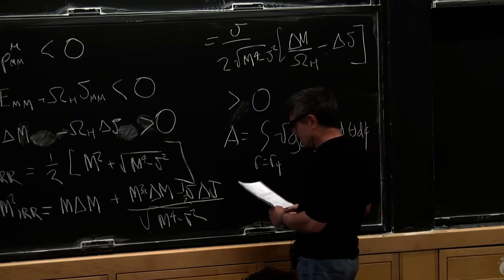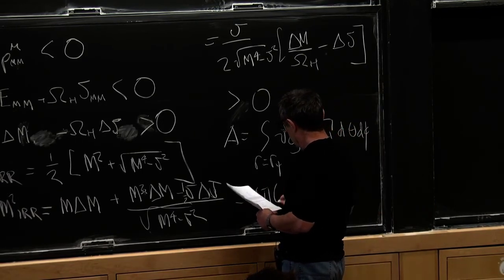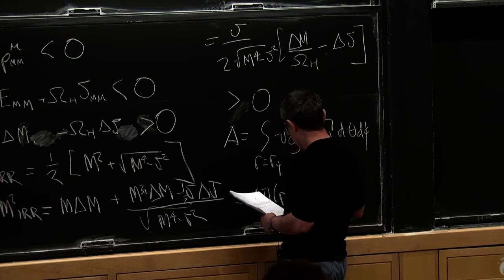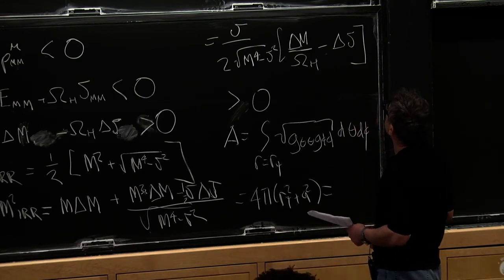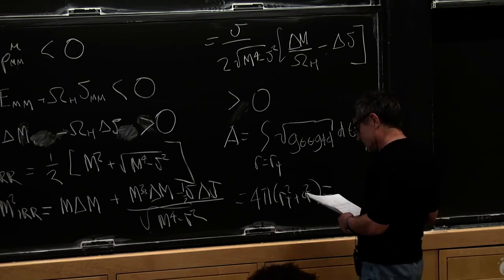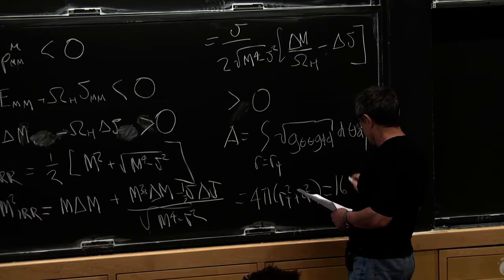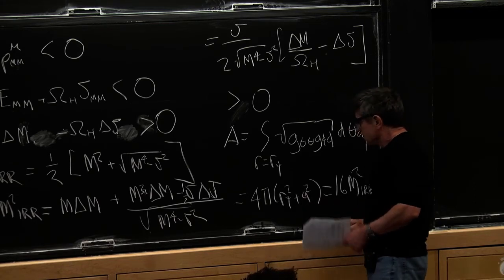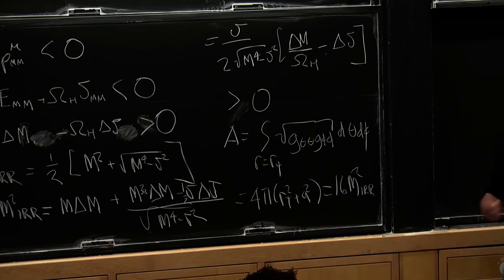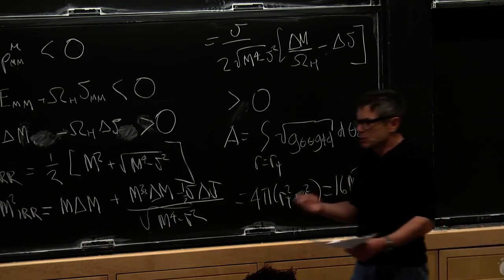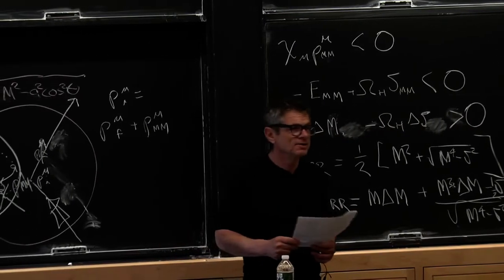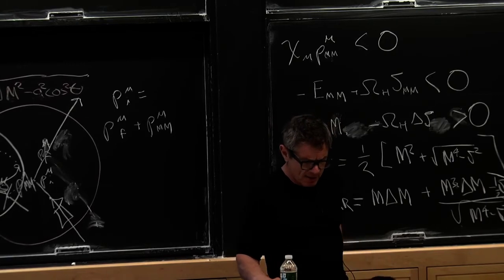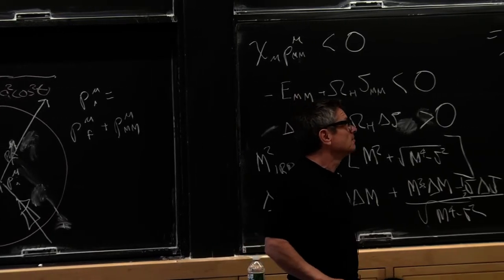This becomes 4 pi (r plus squared plus a squared), which, if you work this out, works out to be just 16 pi times the irreducible mass squared. So Christodoulou had found that the thing that always increases is just the area of the black hole in these infinitesimal processes.